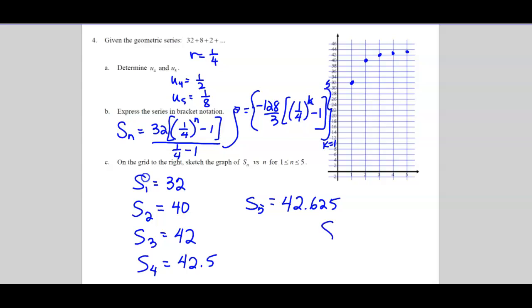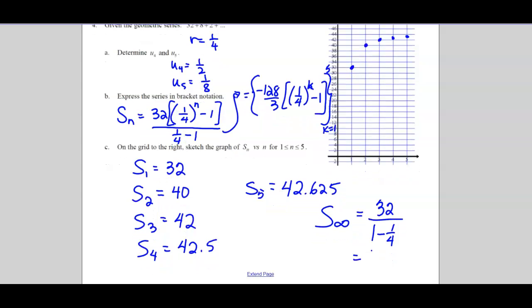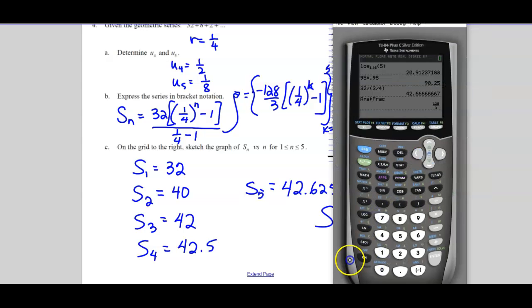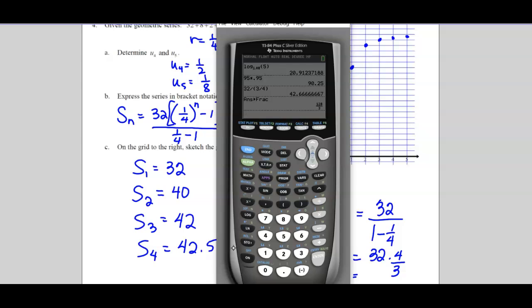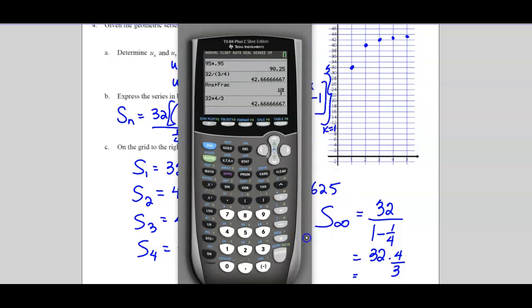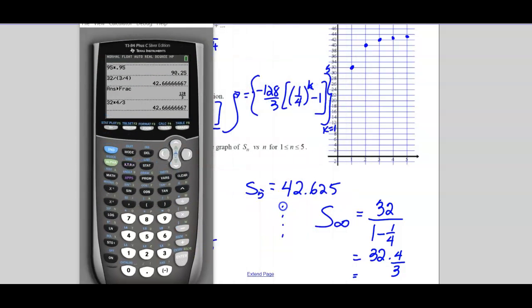Okay, if we went all the way to infinity, 32 over 1 minus 1/4. It would approach 32 times 4 divided by 3, 42.66 is what it's going to equal.